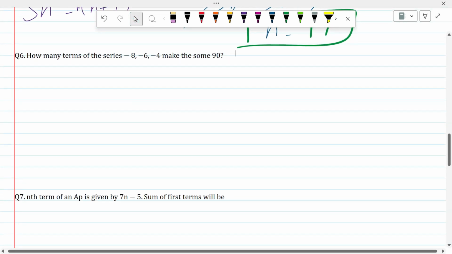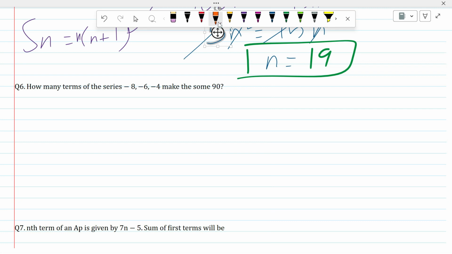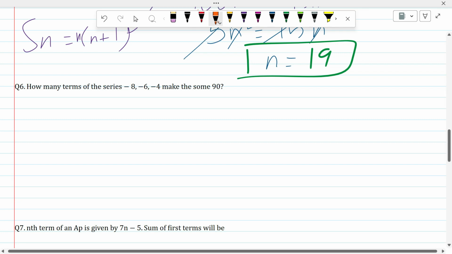Now this is a pretty simple question. Notice it is asking for how many terms of the series make the sum 90. Now the series is this, and I notice this is an arithmetic progression.